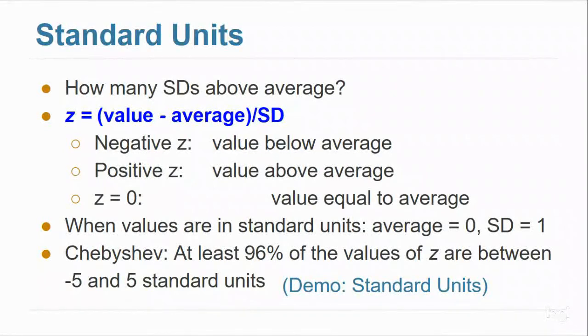That's why we call them standard units. The Russian mathematician Chebyshev showed that irrespective of what the collection of values are that you start with, values of your standard units are always between -5 and 5 standard units. Let's move over to the demonstration to have a look at standard units.